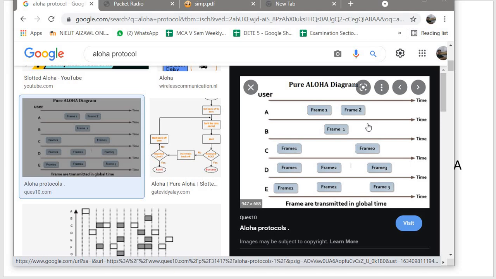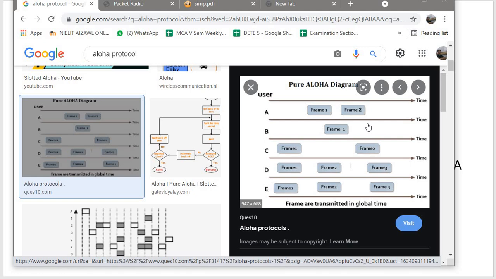In TCP communication we also have packets like this. In the pure Aloha packet radio protocol, the frames have the same length.